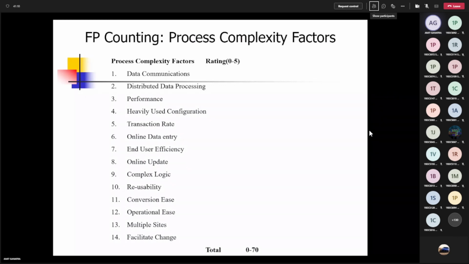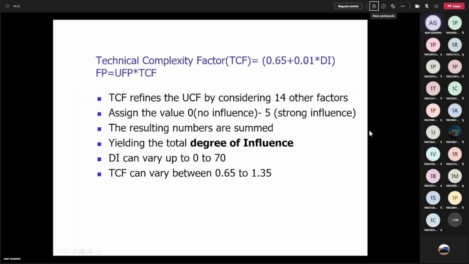You put the value in the second equation, and TCF can be between 0.65 and 1.35 based on a value between 0 and 70. Then you multiply the first equation with the second equation. Whatever your FP is, per FP you can take 1,000, 2,000, or 5,000 as per your organization's cost formula. This is how you can calculate the cost of the software.